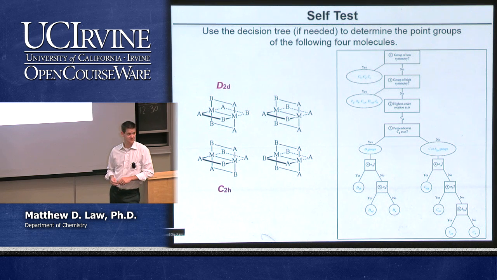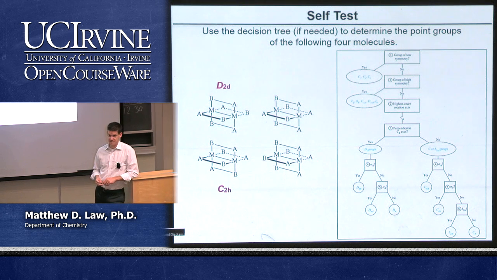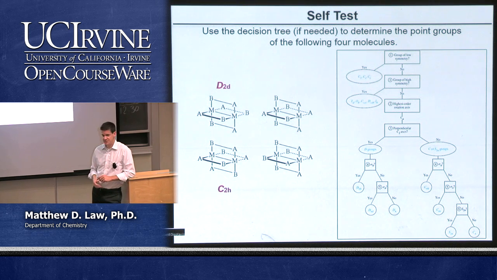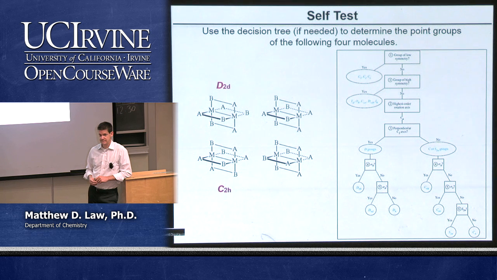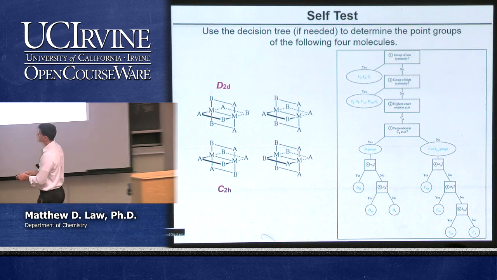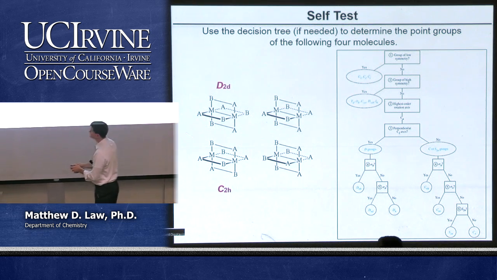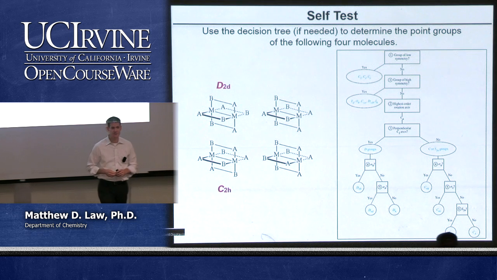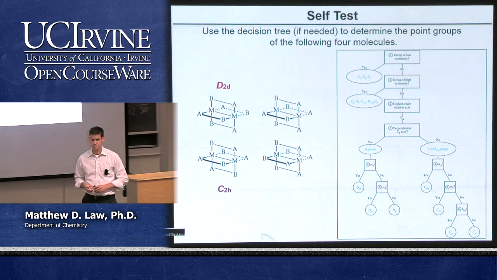So it's a little bit difficult to visualize, maybe. Do people see that there's only one C2 axis in this molecule? Right? So if it's in this direction here, then you have AB, AB, AB, AB. If you rotate 180 degrees, the B's and the A's interchange.